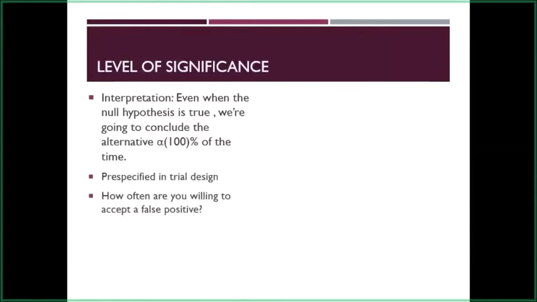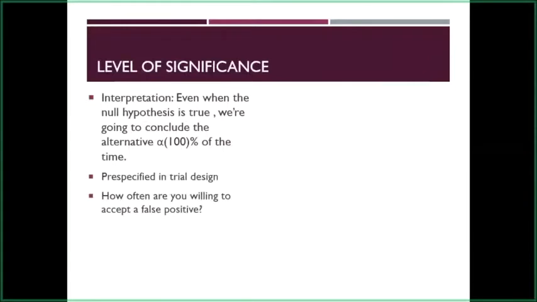So the level of significance is interpreted by saying even when the null hypothesis is true, so even if the intervention does nothing, you're going to conclude that it works alpha times 100% of the time. So this is pre-specified during the design stage, and it should be chosen to reflect your willingness to accept a false positive.